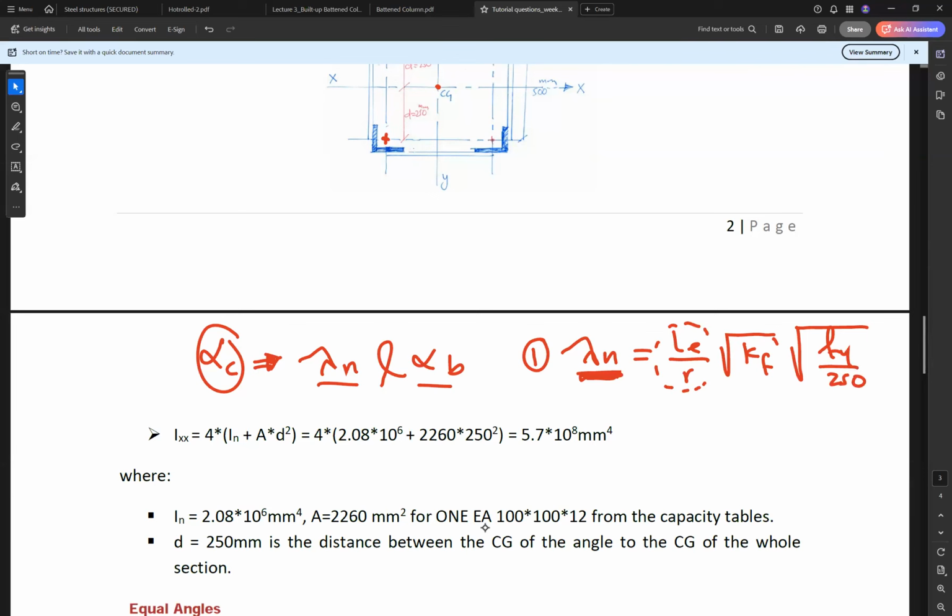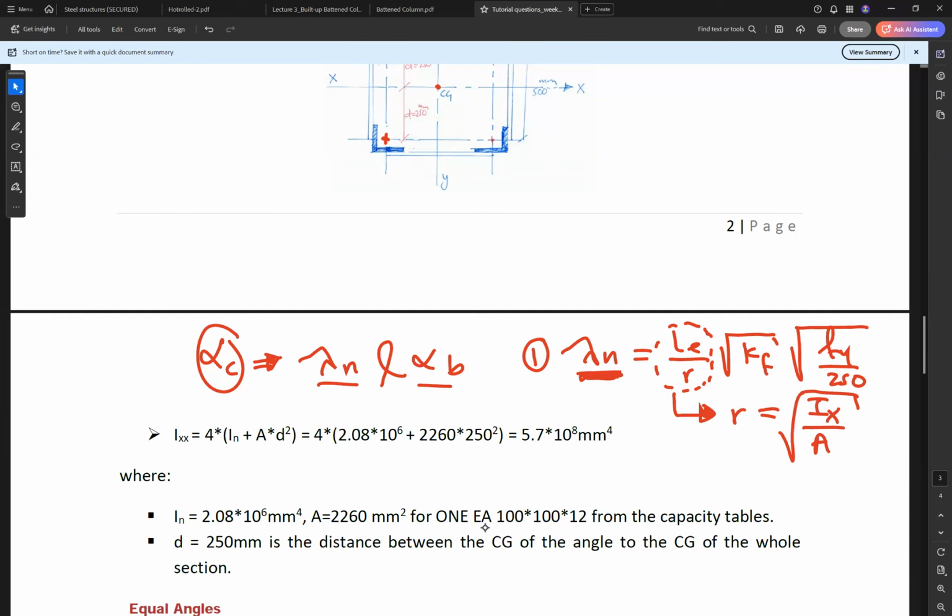So we need to find the slenderness ratio. To find r, r equals the square root of I divided by A.